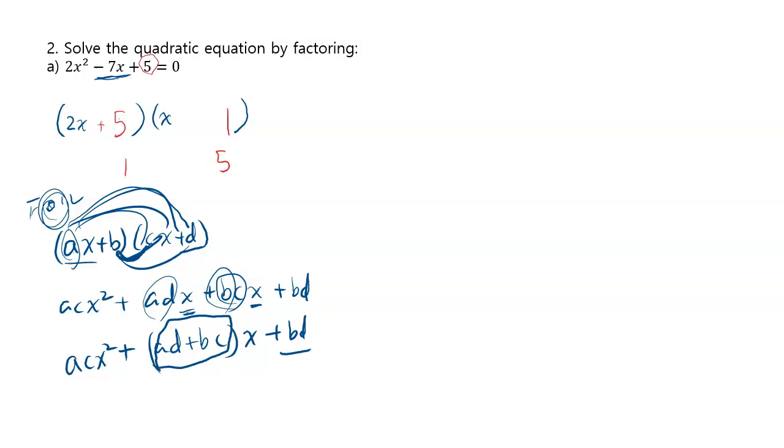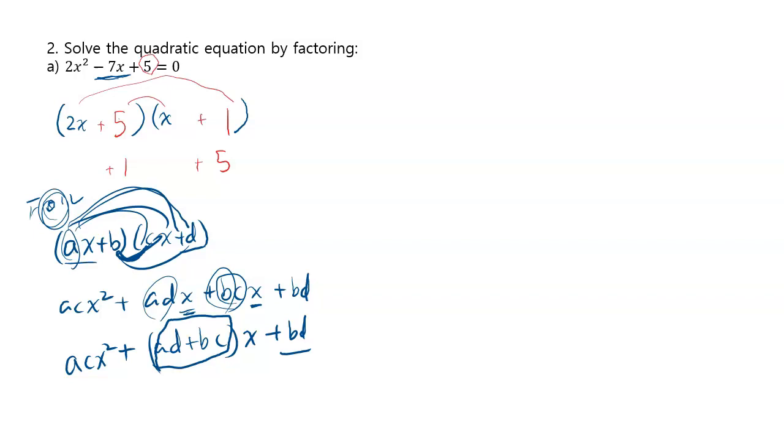Let's just pick those numbers and use this formula. It should be outer and then inner, you add them, right? The outer gives you 2x, the inner gives you 5x. 5x plus 2x is 7x. Oh, but that's negative 7x.